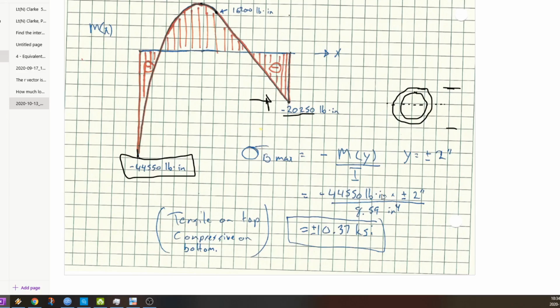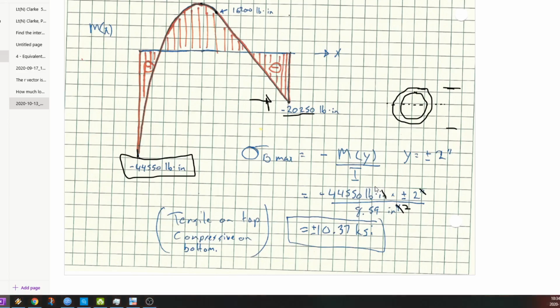So basically plug that in, the 44,550 pound inch times plus or minus 2 inches divided by 8.59 inches to the fourth. So again, this inch and this inch cancels out to bring this to 2.